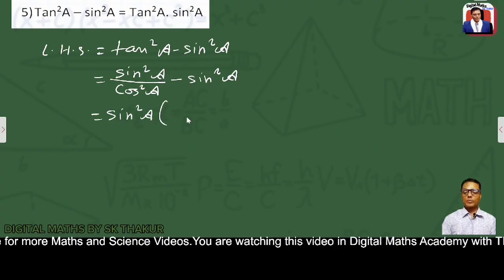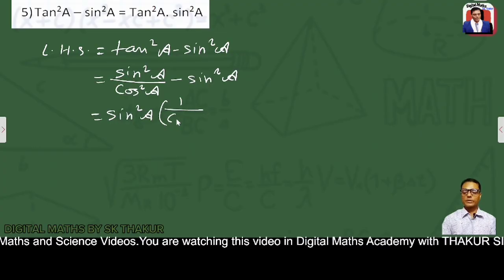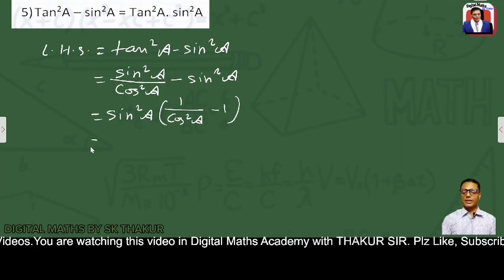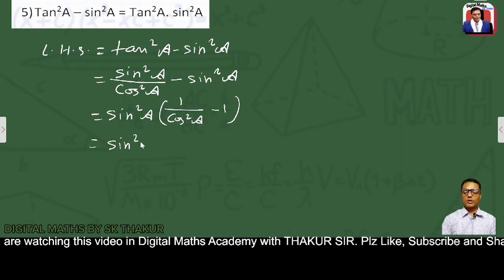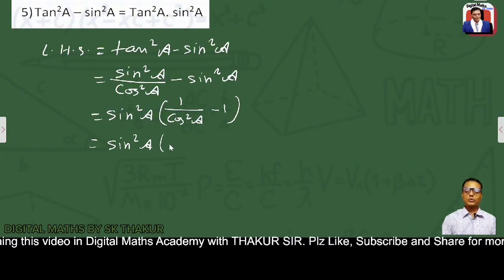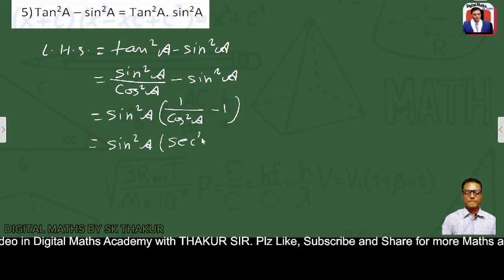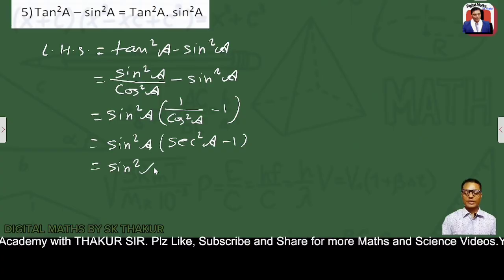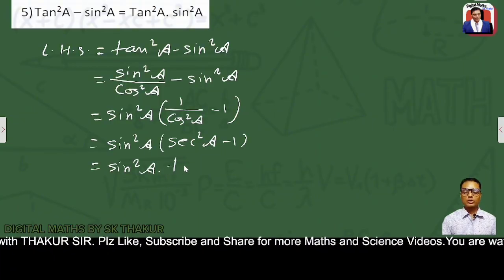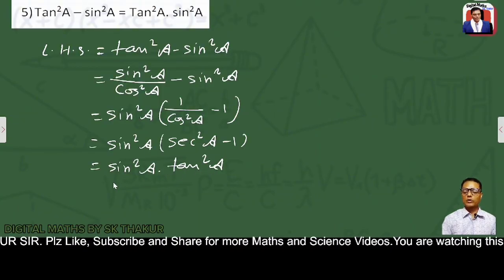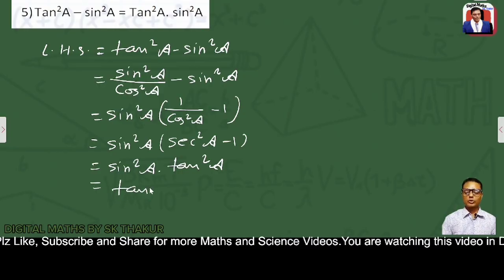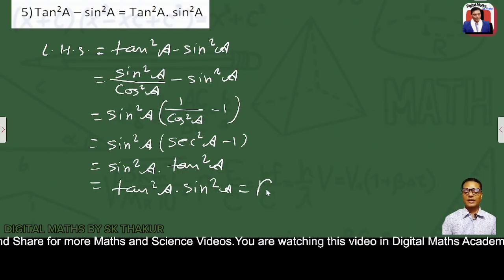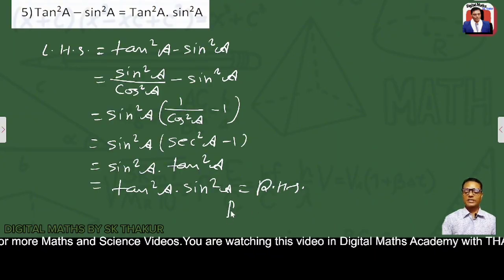Of course we can take common, so we have here 1 by cos square a minus 1, and then we can write here sin square a, and 1 by cos square a means sec square a minus 1, and then you can write here sin square a, and sec square a minus 1 equals tan square a. Now according to the right hand side, we are going to arrange it, so tan square a into sin square a, that equals the right hand side, and we can write here proved.